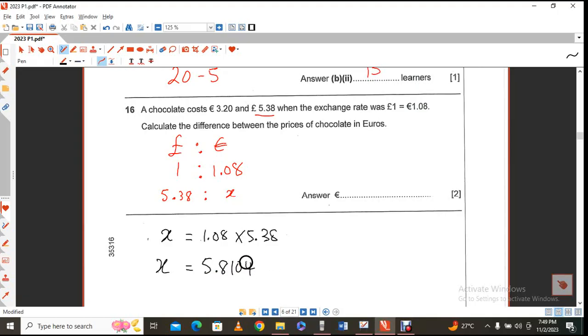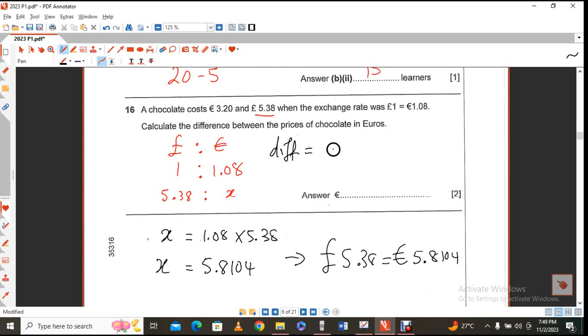So this is the equivalence if you have £5.38. So this means that if you have 5.38 pounds, that equates to 5.8104 euros.